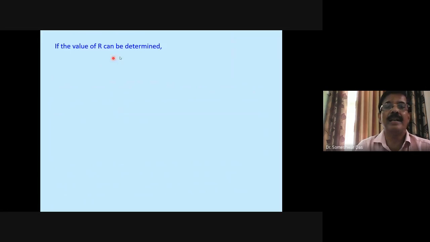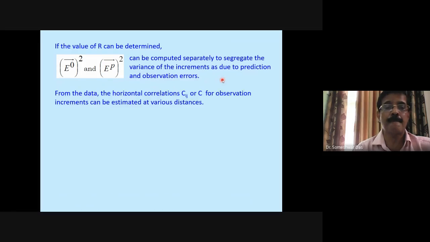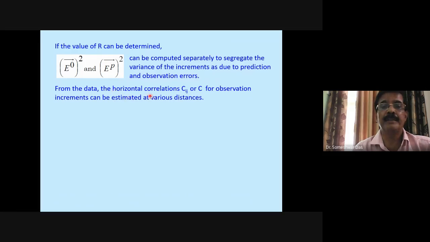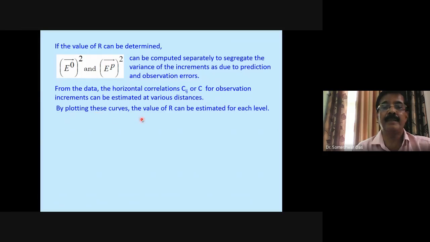If the value of R can be determined, then these two terms, square of the error of observation and prediction, can be computed separately to segregate the variance of the increments as due to prediction and observation errors. From the data, the horizontal correlation Cij or C for observational increments can be estimated at various distances. By plotting these curves, the value of R can be estimated for each level.